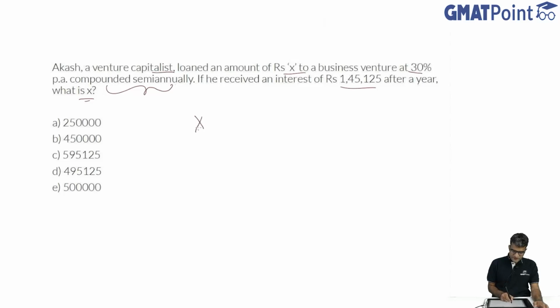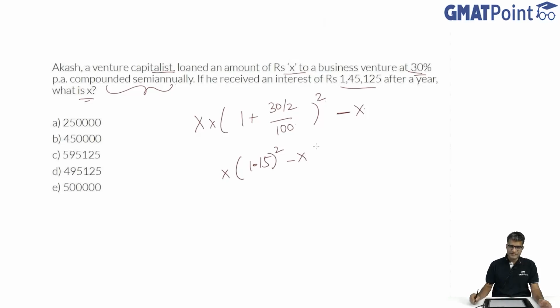If the value of the loan is x and the rate of interest is 30%, but this 30% is compounded semi-annually, you have to divide this by 2, divided by 100, and the time period is 1 year, but because this is compounded semi-annually, you multiply the time period by 2. This will be the total amount that is due. Therefore, the compound interest will be this amount minus the principal, or x into 1.15 whole square minus x will be the interest.